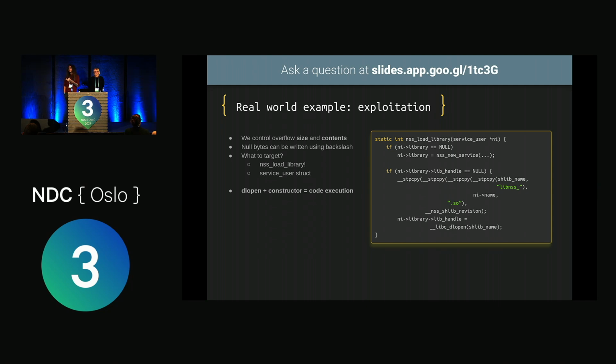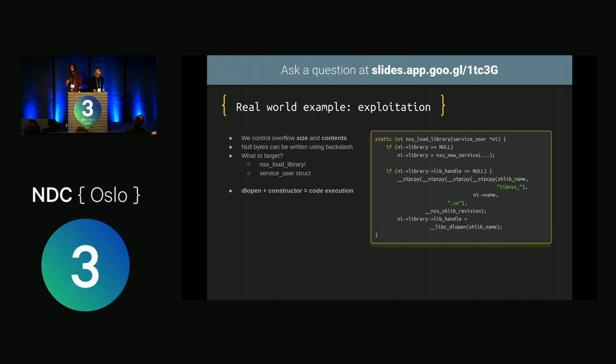And I have no idea what this function does or why it's there, but it's a part of the standard library, I think. And why this function is interesting from an attacker's point of view is because this is loading a library. And if you load a library that's attacker controlled, you can actually get code execution at load time.